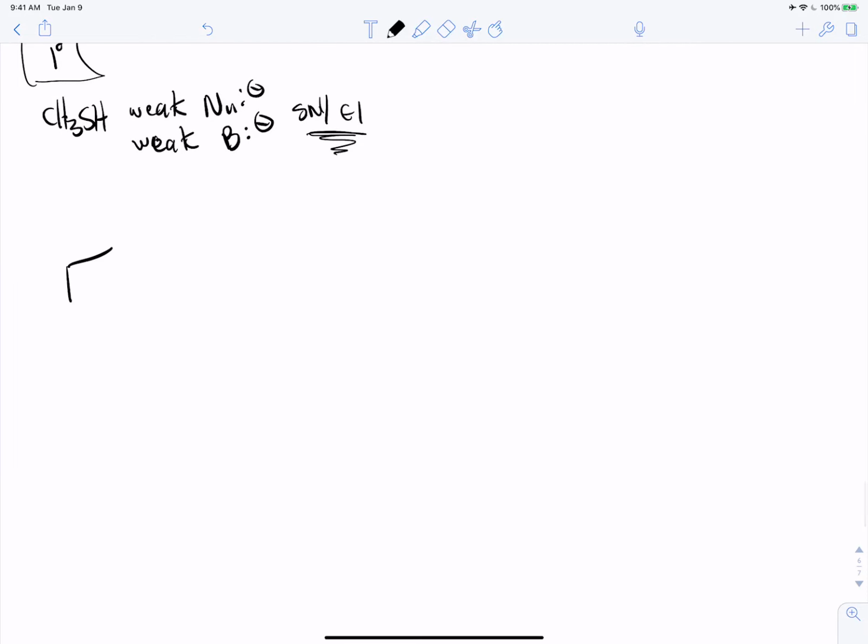All right, let's look at our next example. So here they've gone ahead and drawn out lithium LDA, lithium diisopropyl amide. And they put the lithium nestled up next to it, which might look funny to you, I don't know.